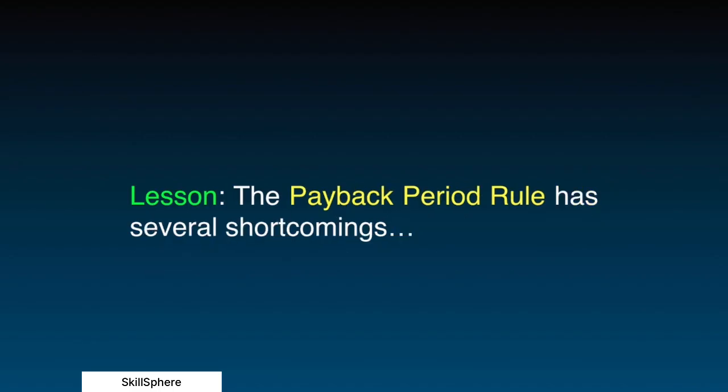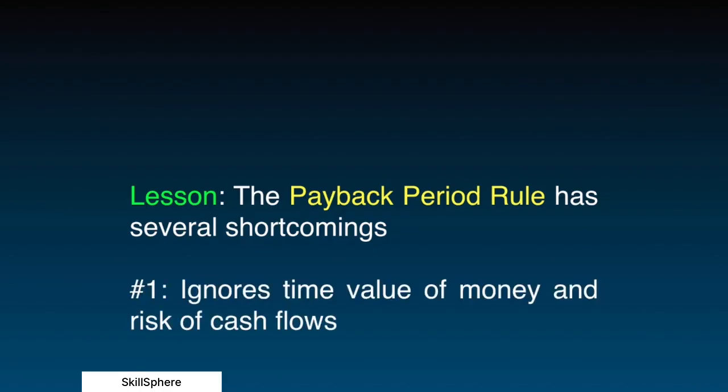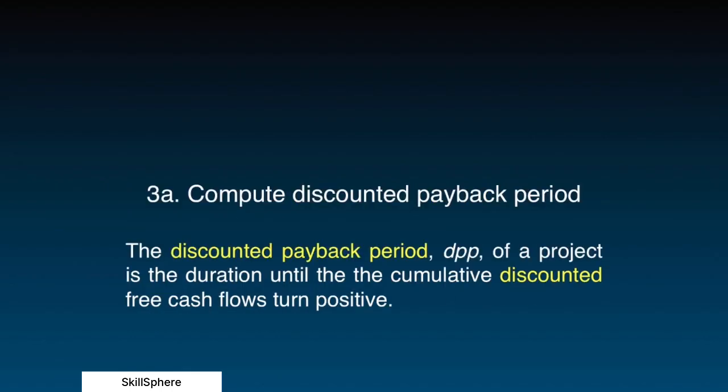But it should be immediately clear that the payback period rule has several shortcomings, the first of which is that it ignores the time value of money and risk of cash flows, the first sin that we learned way back at the start of the course. Fortunately, that's actually quite easy to deal with. We can compute the discounted payback period by discounting the free cash flows. The discounted payback period of a project is just the duration until the cumulative discounted free cash flows turn positive.